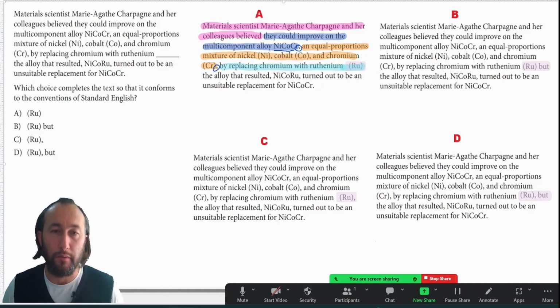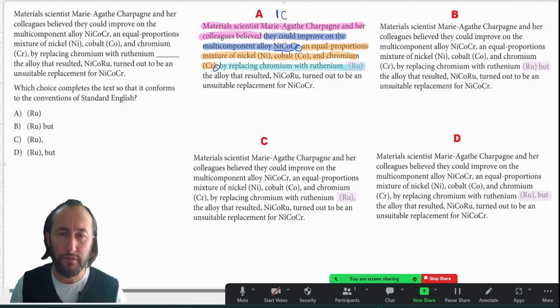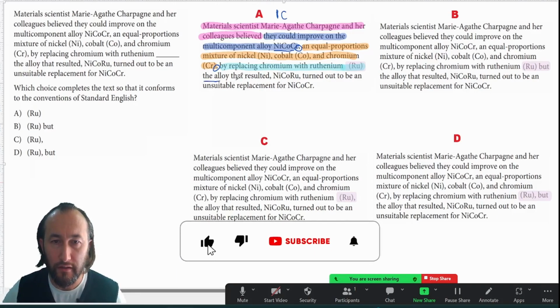Now here is where the problem starts, right? Why? Because as I said, we got an independent clause here. This is the pink highlighted area, an independent clause. And then we got the alloy that resulted. This is another clause, that resulted.